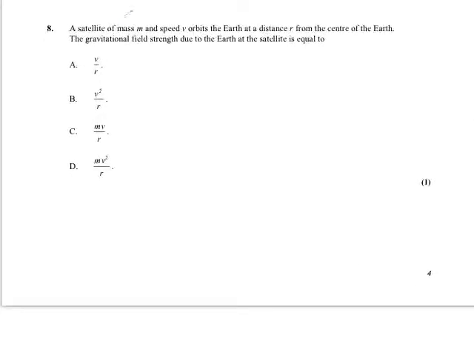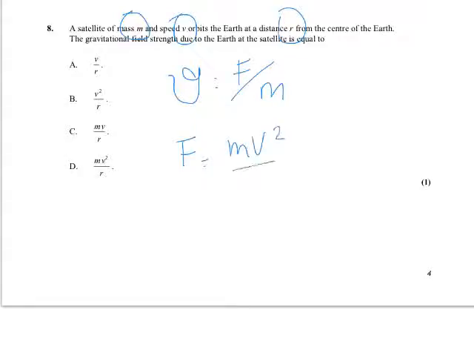Okay, this is a straightforward one. A satellite of mass m and speed v orbits the Earth at a distance r from the centre of the Earth. The gravitational field strength due to the Earth at the satellite is equal to, well, g is equal to force over mass. Force would be equal to mv squared over r.